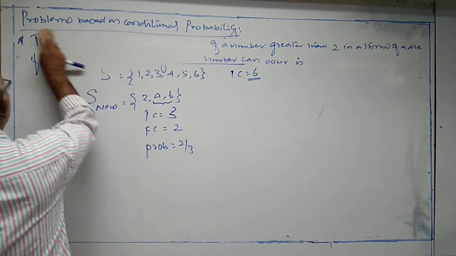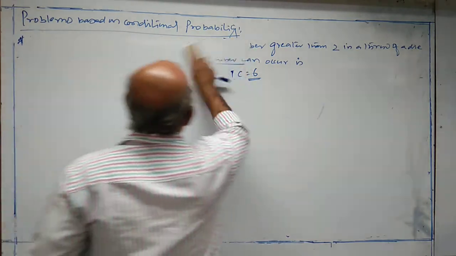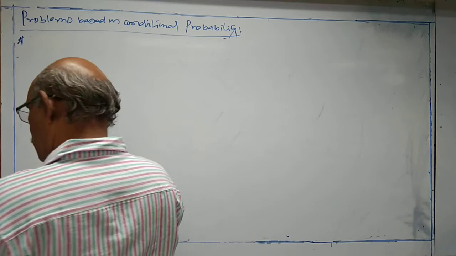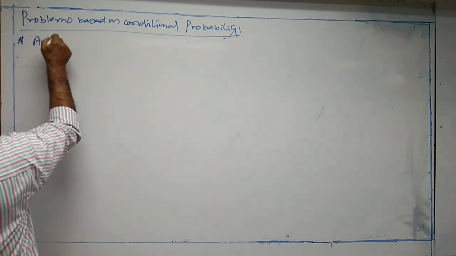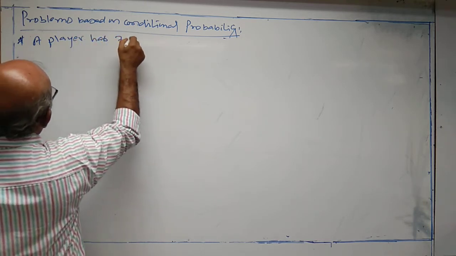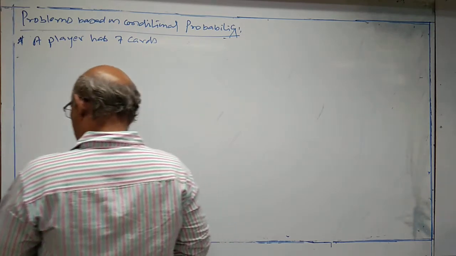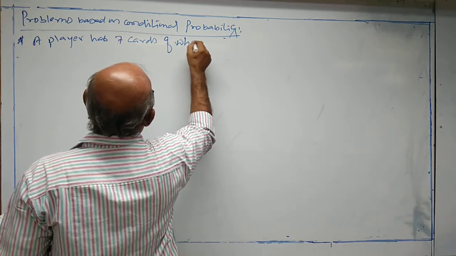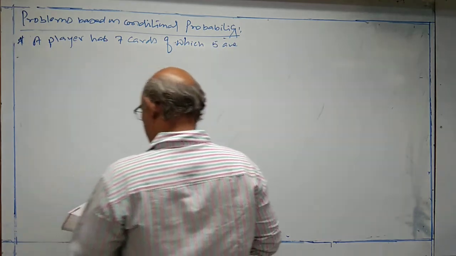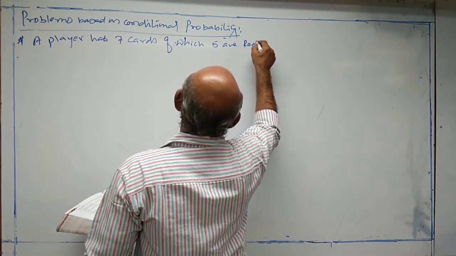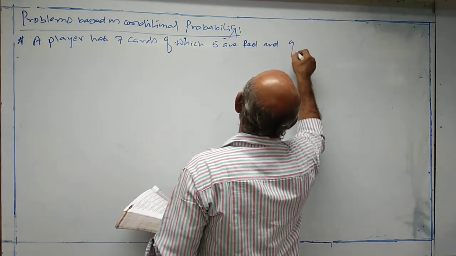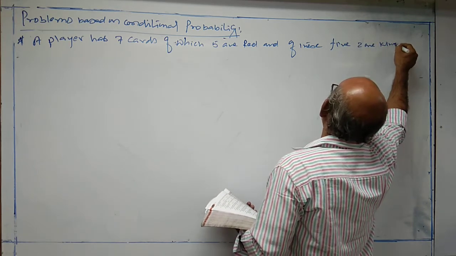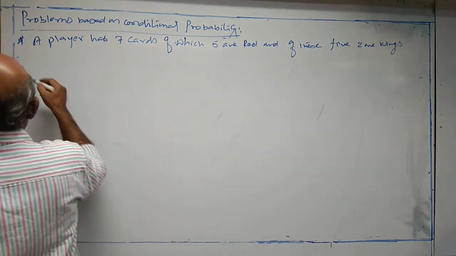Now see the next question. A player has 7 cards, of which 5 are red, and of these 5, 2 are kings.